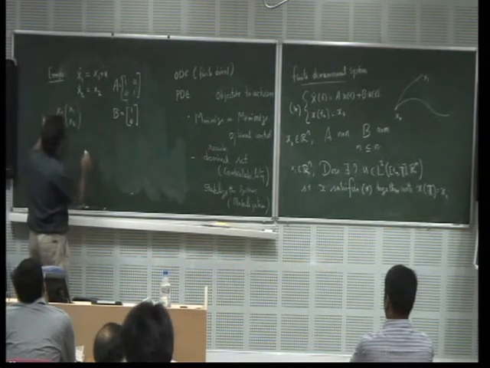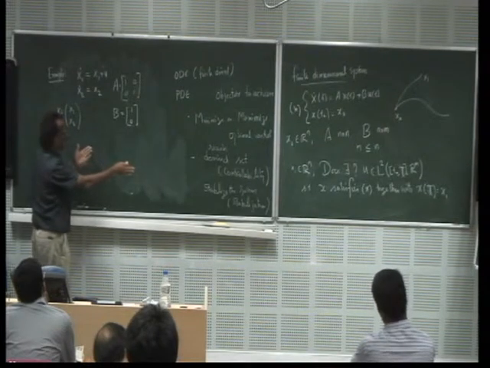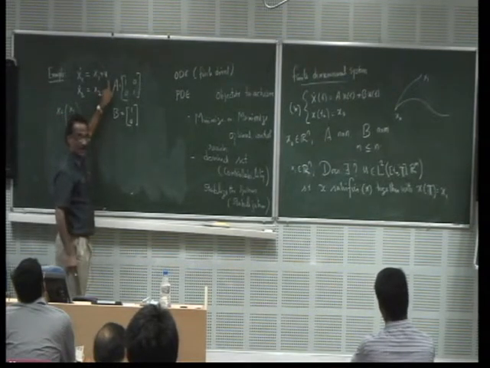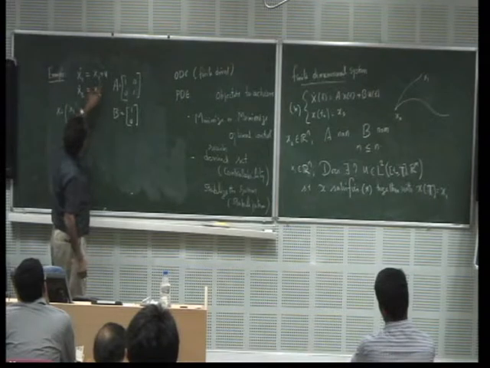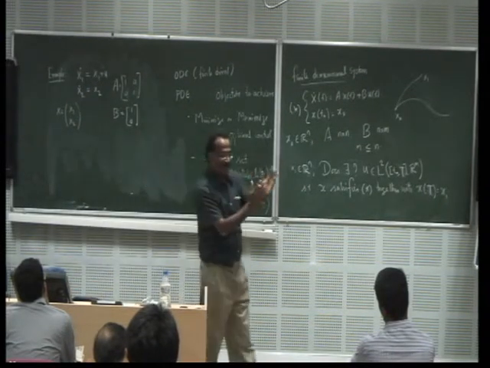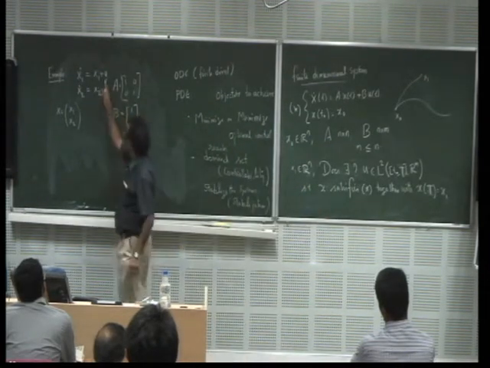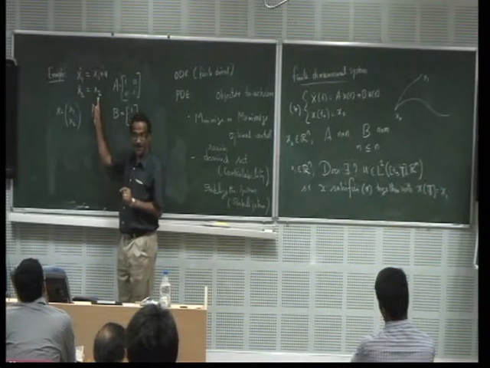What do you want? You want both trajectories to reach the desired state by suitably adjusting your u. But look at the way it's written: this is a decoupled system. The x1 and x2 are separated, so the u will not affect your x2 at all.